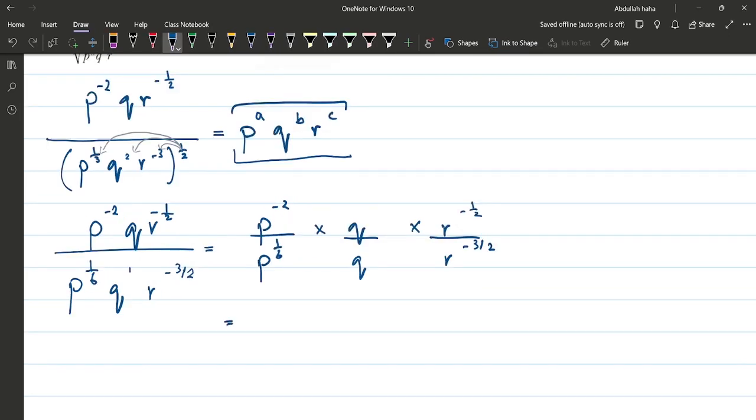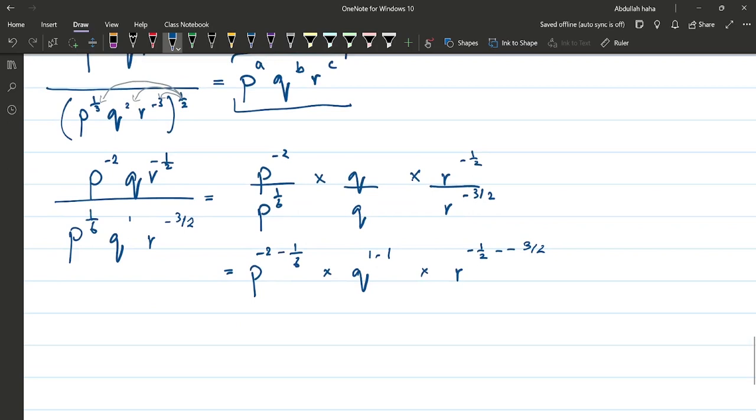Now I just have to do minus 2 minus 1 over 6 times p to the power 1 minus 1 times r to the power minus 1 over 2 minus minus 3 over 2. That's p to the power minus 13 over 6 times q to the power 0, that is r to the power 1.